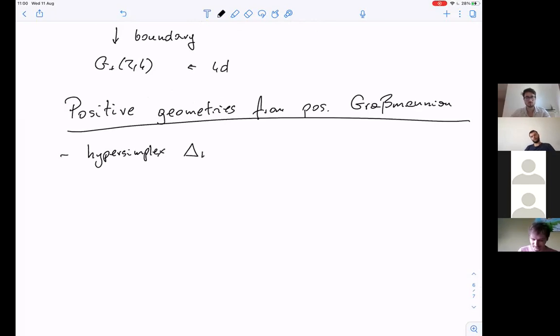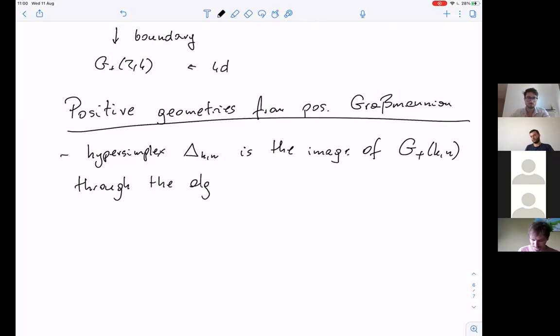The hypersimplex has also two indices, k and n. It's delta k comma n. It's the image of G plus k comma n through the following map, which is called the algebraic moment map.